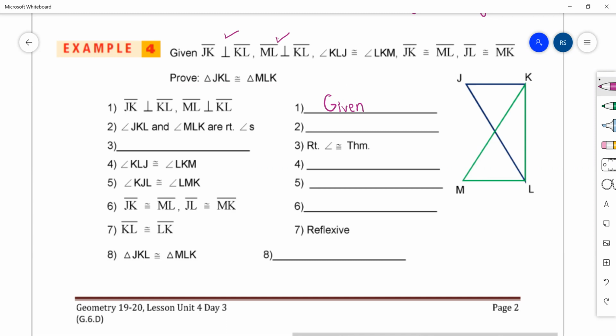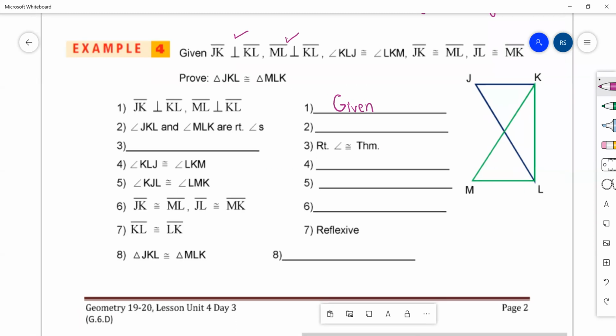So we're told that JK is perpendicular to KL, and ML is perpendicular to KL. So these two are perpendicular. Which means, step 2, we say angle JKL and angle MLK are right angles. Why?